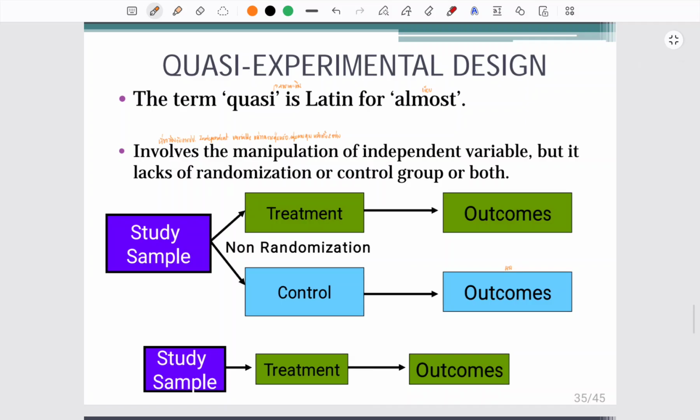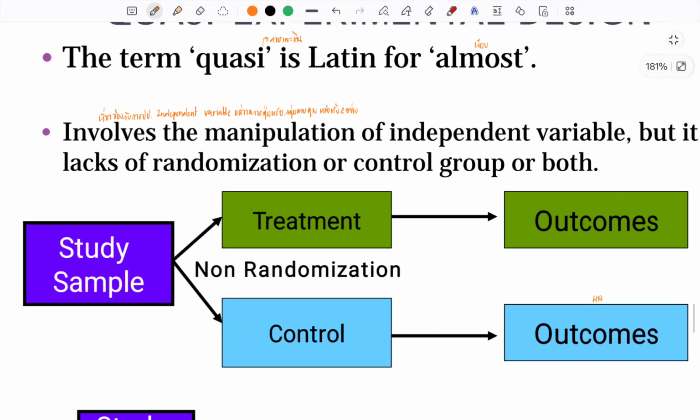Any questions so far for experimental design? No, not yet. Okay, so let's move on to another type of experimental design, which we call quasi-experimental. Quasi sometimes means almost an experimental design, but lacking some element.